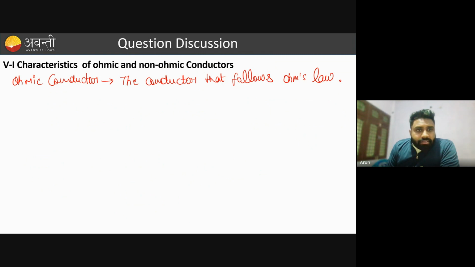And what is non-ohmic? You will understand: non-ohmic conductors do not follow Ohm's law, but they are conductors.